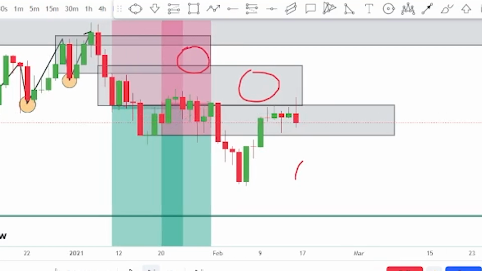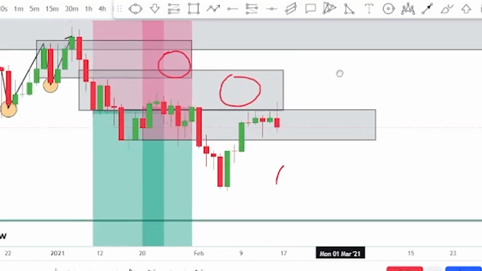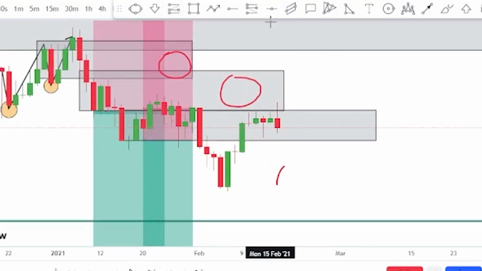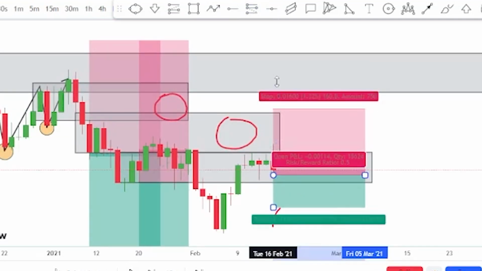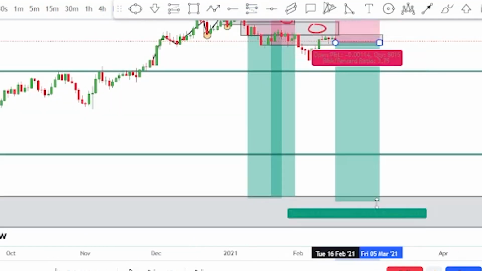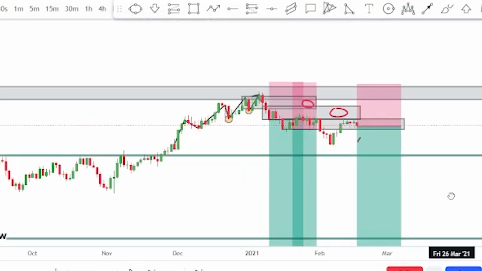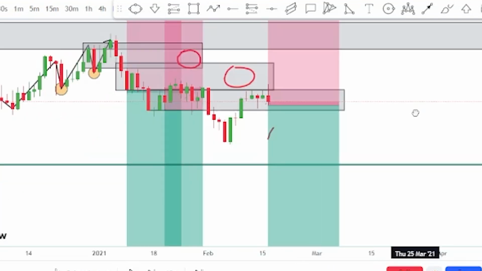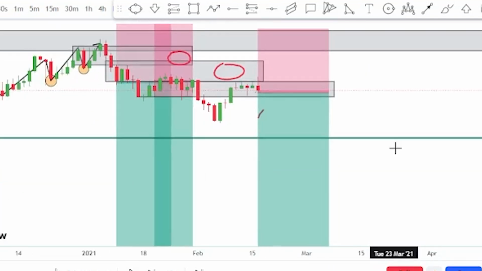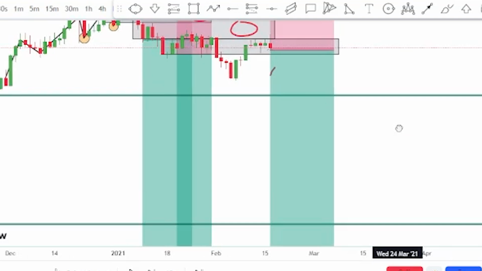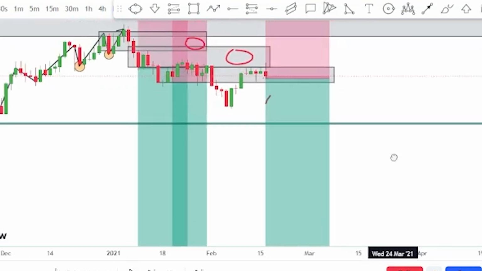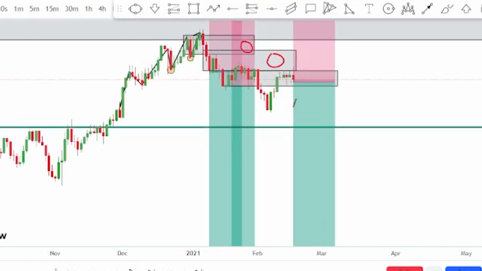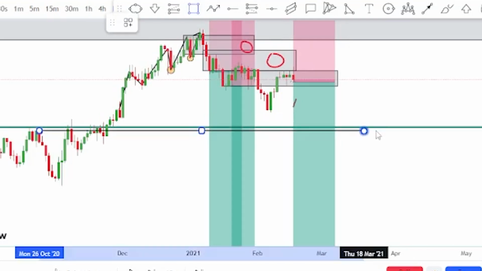Let's see what happened. We got this candle, so that's where we are also going to be entering from for a sell. Remember, as we are targeting this zone, we are still confident that we are going to set our stop loss above this area. So when we start breaking below this area, let me show you where we're going to be confident that the market is going to make us reduce our stop loss.